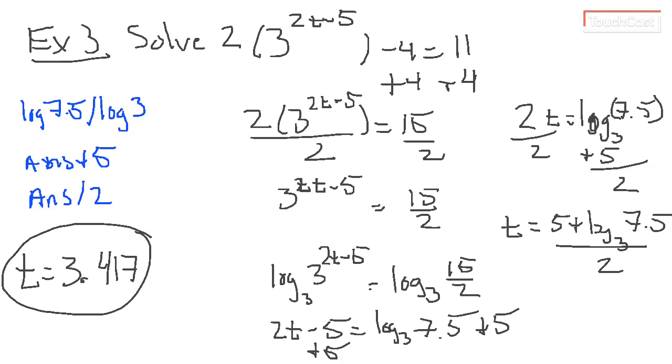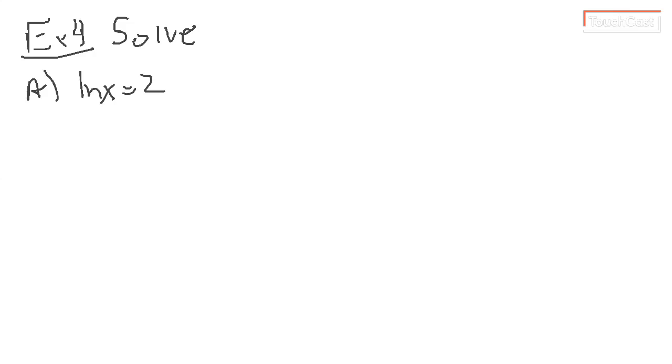I think we have time for one more example, maybe 2. So example 4, we're going to solve now. For a, we're going to take the natural log of x and set that equal to 2.